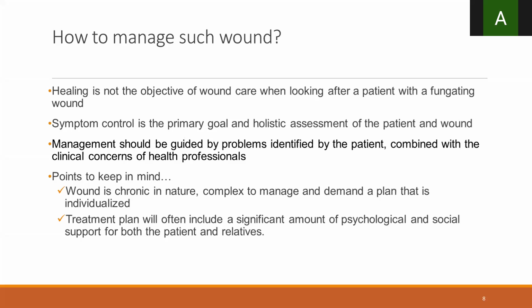Okay, and the treatment plan should include a significant amount of psychological and social support to the patient. That is the most important part, because if we can help in that psychological and social manner, many times the patient's physical symptoms and pain also lessen.